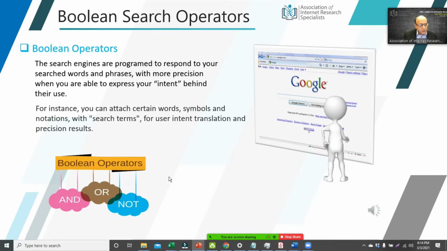Okay. So the Booleans are the types that we would be discussing with the queries that we put together. And these are three different ones. We call them the AND operator, OR operator, or NOT. What AND stands for or replaces is the plus sign.